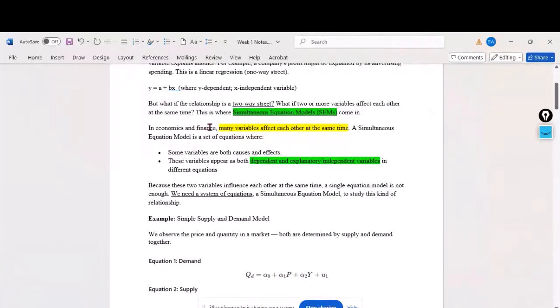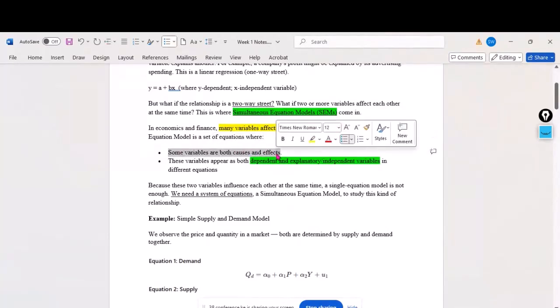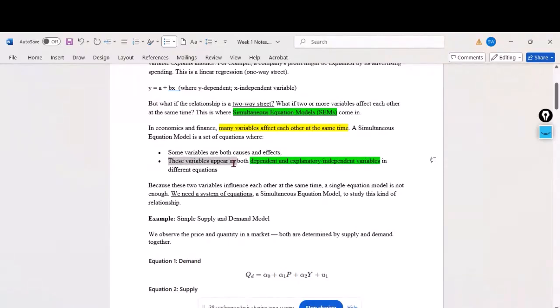You see that in economics and finance, many variables affect each other at the same time. We say that a simultaneous equation is a set of equations where, one, some variables are both cause and effect, meaning that they affect each other at the same time. And the second is that these variables appear as both dependent and explanatory or independent variables in different equations.